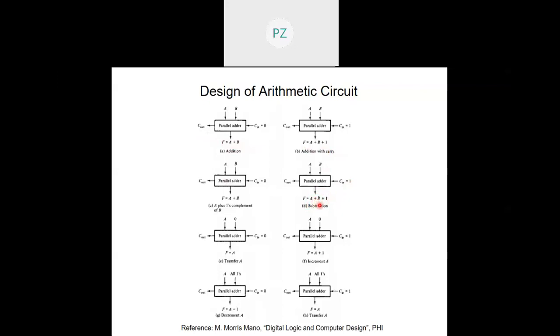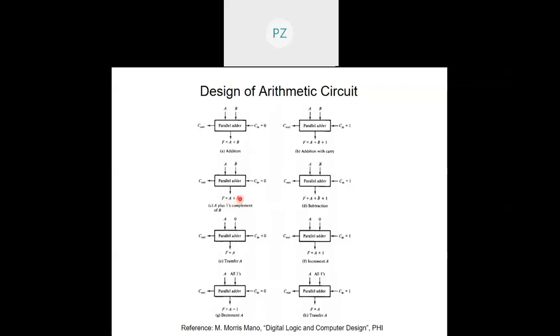B bar plus 1 becomes the 2's complement of B, because B bar is the 1's complement of B, as we have seen here, and B bar plus 1 will be the 2's complement of B. And A plus the 2's complement of B is nothing but A minus B, which is subtraction, right? So A plus B bar plus 1 is A plus the 2's complement of B, which is equal to A minus B, subtraction, and A plus B bar will be subtraction with borrow, right?